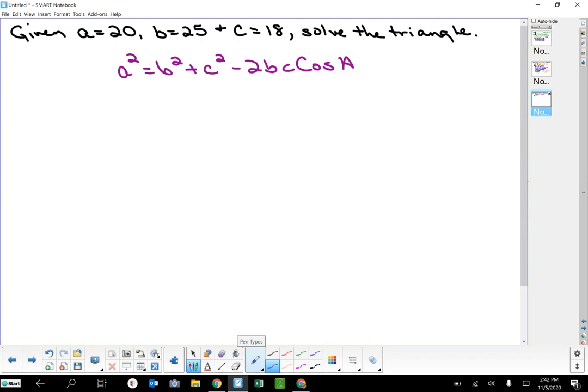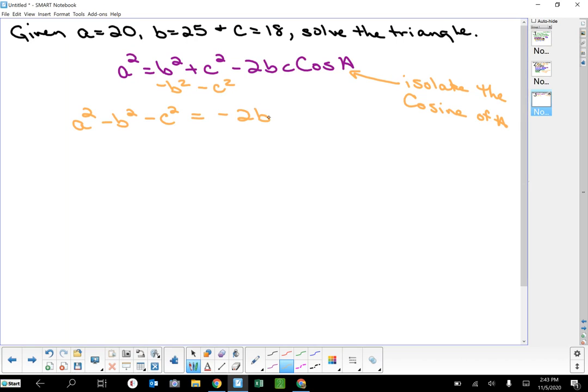So I am going to isolate the cosine of A to make this equation simpler. So we're going to subtract off B squared and subtract off C squared. So that will give me A squared minus B squared minus C squared equals negative 2BC cosine of A.